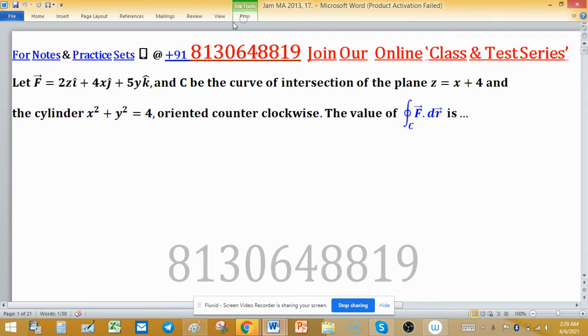So the function is given, and the curve of intersection, which is a closed curve, is given by x squared plus y squared equals 4. This is the equation of the cylinder, so the radius is 2.